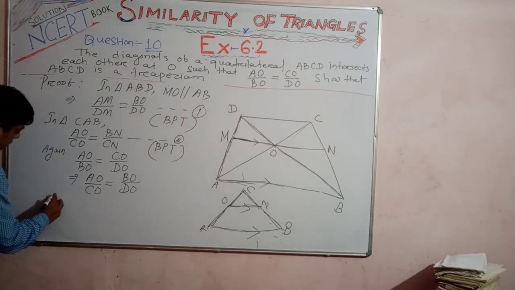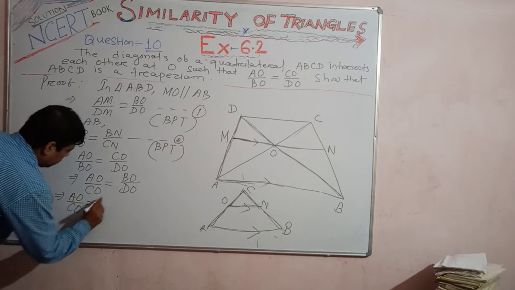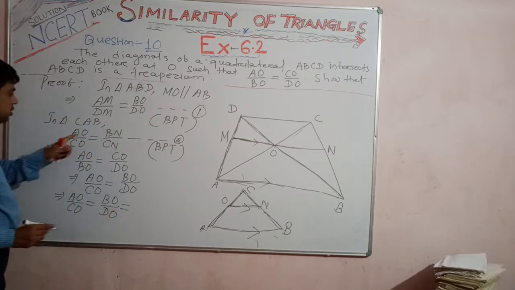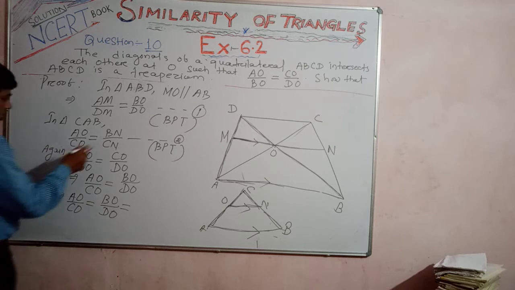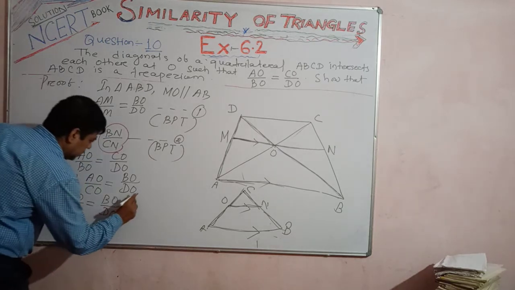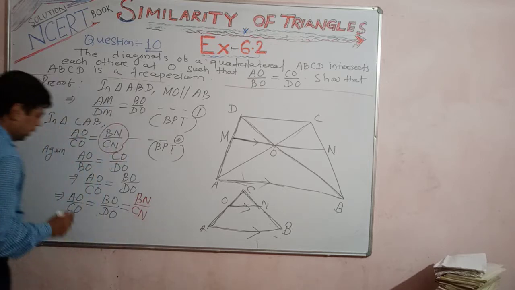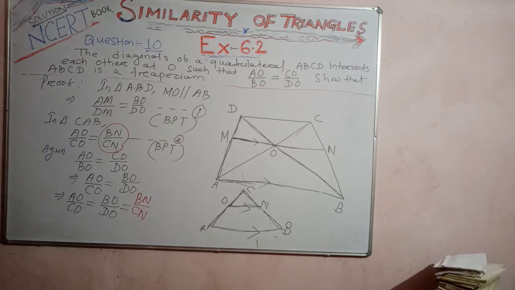Now see, AO upon CO is equal to BO upon DO. And again AO upon CO is equal to BN upon CN. And AO upon CO is equal to BO upon DO.